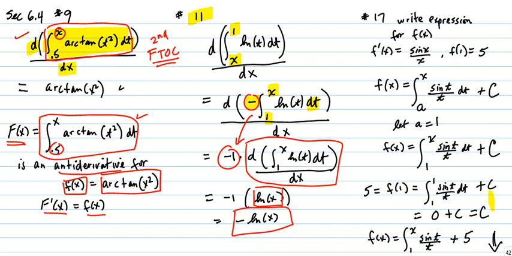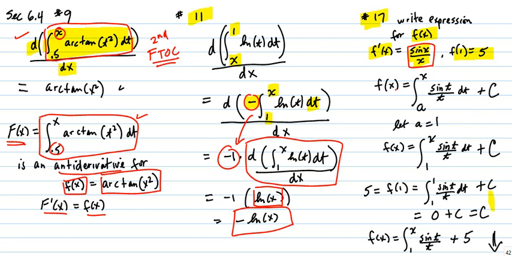Now going on to 17. Write an expression for f of x such that f prime is sine x over x and f of 1 equals 5. So we don't know how to integrate sine x over x. It would be very difficult anyway, if not impossible.